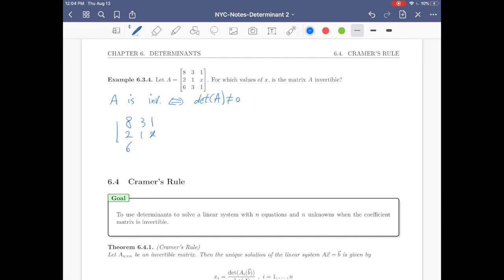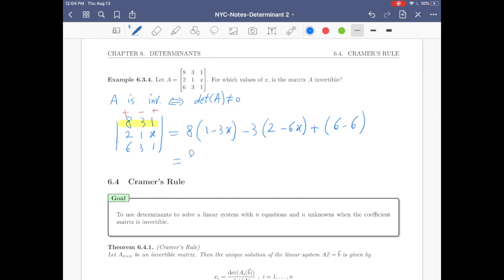You have different ways to do that. You can copy the first 2 columns and keep going. I do cofactor expansion along the first row. It doesn't matter. So we get 8 times (1 minus 3x) minus 3 times (2 minus 6x) plus (6 minus 6).